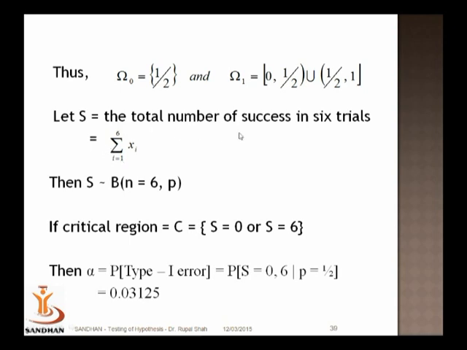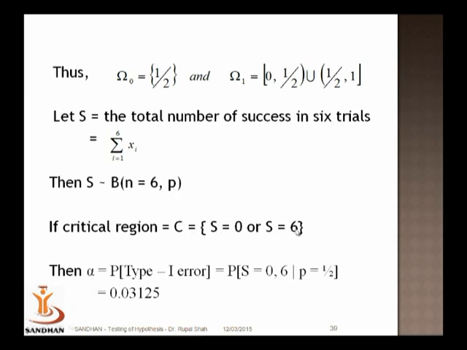Suppose we have 6 trials, and we define S as the sum of the 6 trials, that means the total number of successes in 6 trials. Then the random variable S will follow a binomial distribution with n equal to 6 and probability of success p.